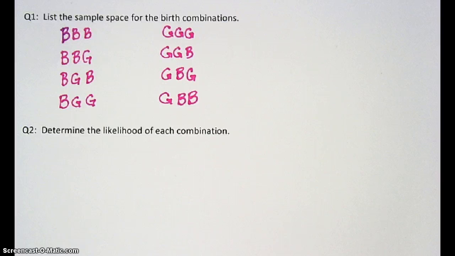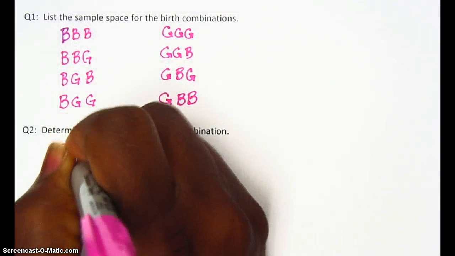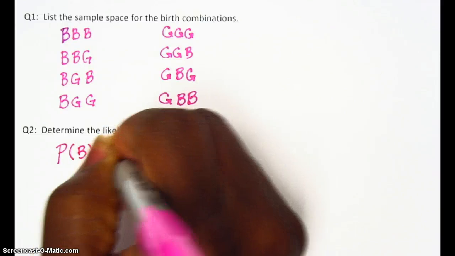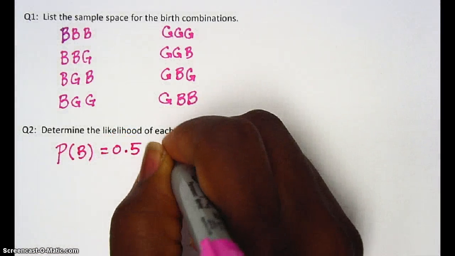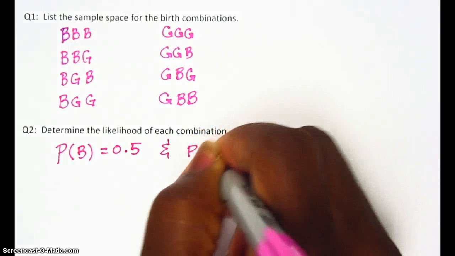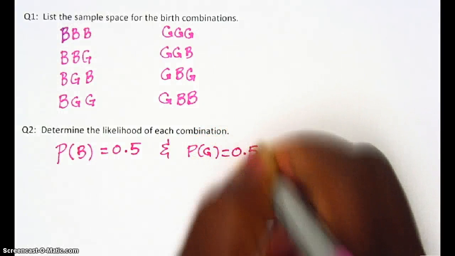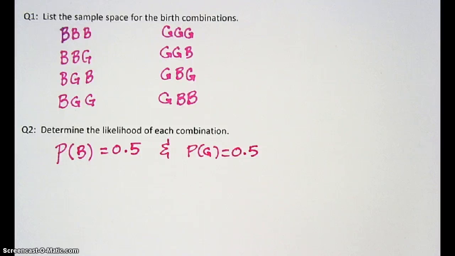In step 2, we need to determine the likelihood of each of these combinations. Now, we know that the probability of being born boy is 0.5, and the probability of being born girl is 0.5. Of course, we're leaving this all up to chance.